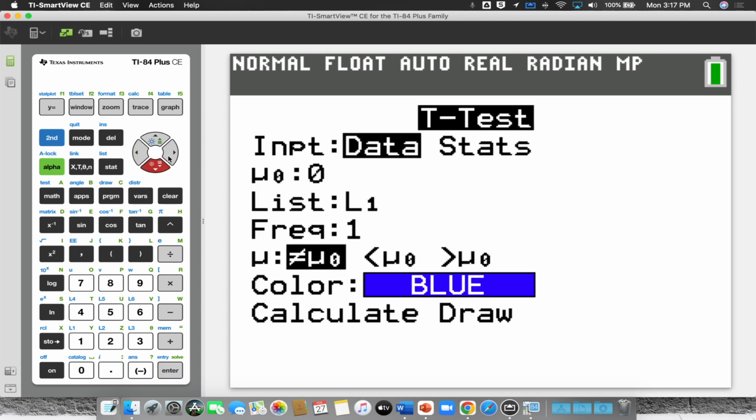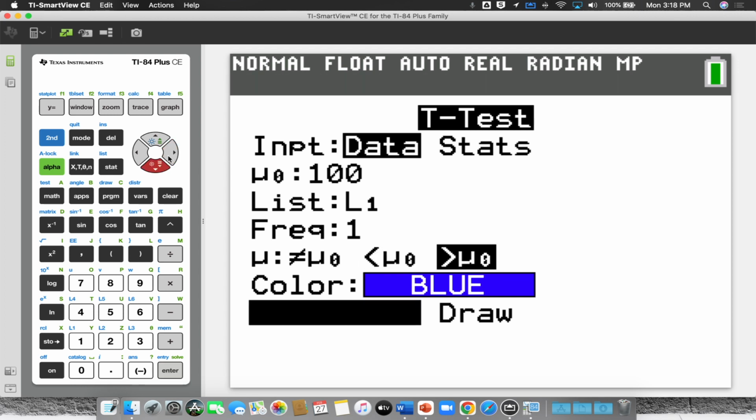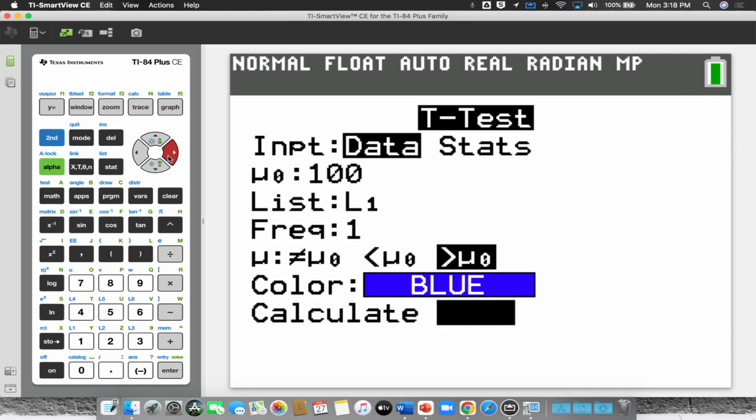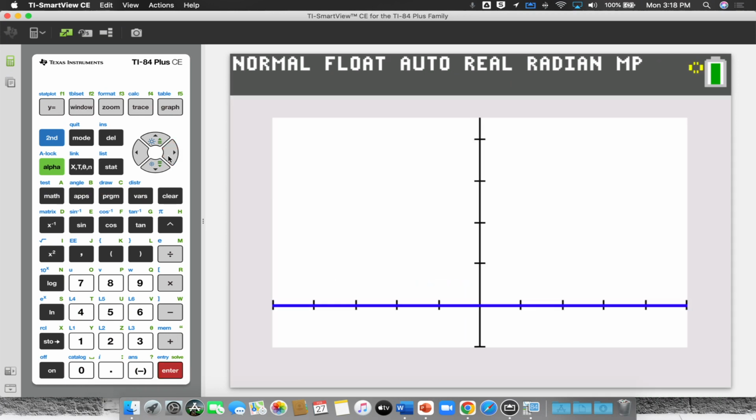So if I have the data, I have to put in my claim. The claim was 100, right? List is L1, frequency you don't mess with. We want, what was it? Less than? Greater than? Greater than. There we go. Again, you have two options, calculate and draw. I like draw sometimes because it shows what our picture should look like after we've shaded it.